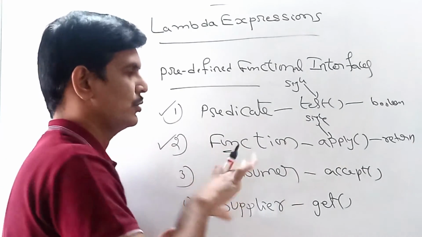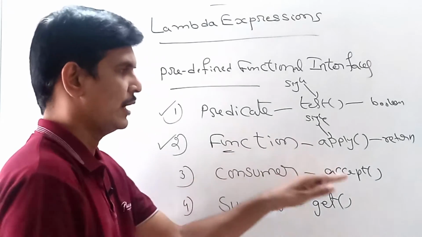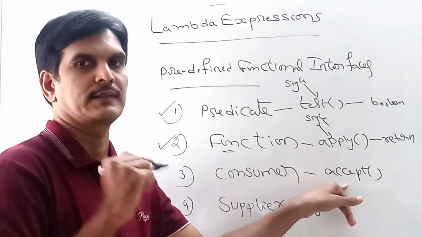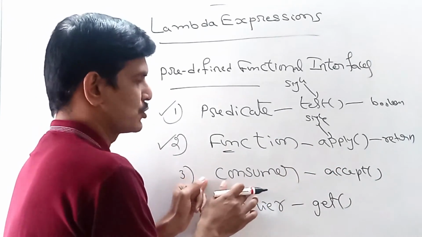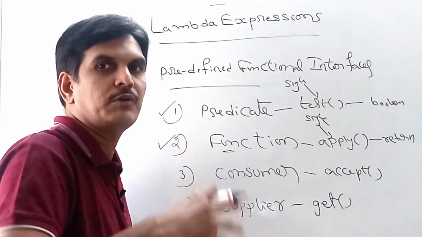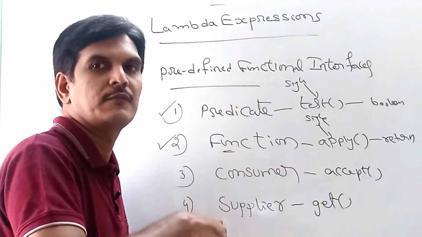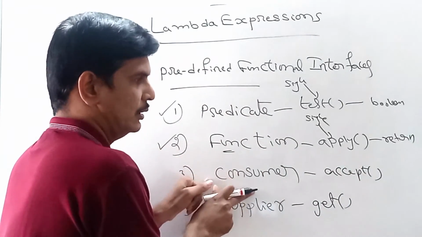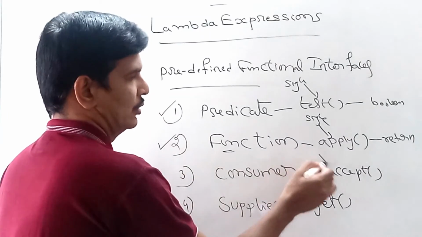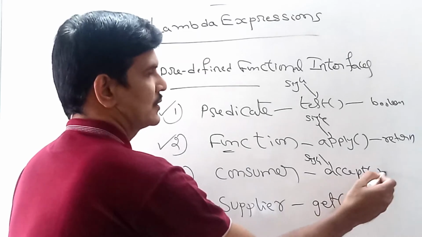Consumer is another type of predefined function interface, which has a method called accept. Consumer means that it will consume. Whatever we provide as an input, it will use that input, but it doesn't return any value for us. The consumer interface takes one input as a single parameter, but it doesn't return anything.